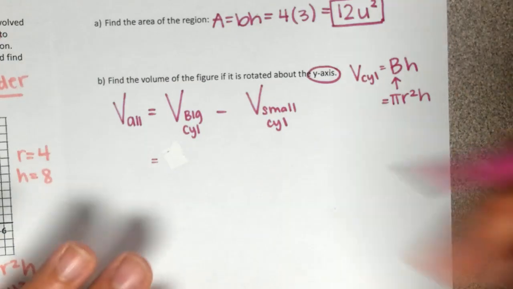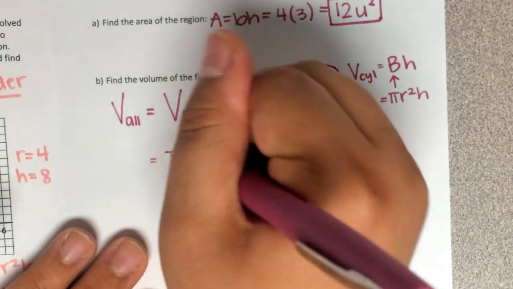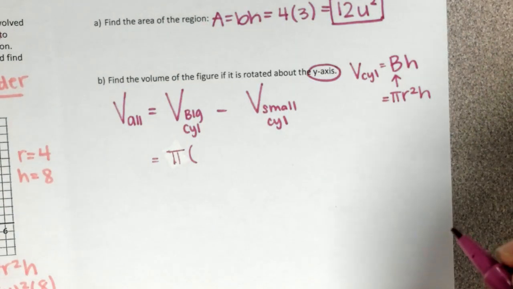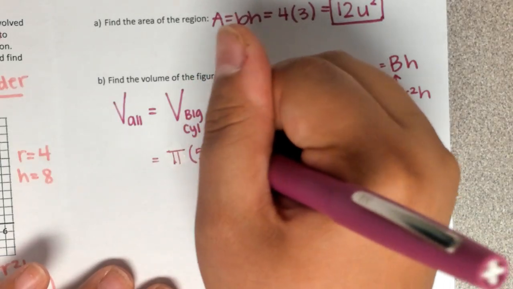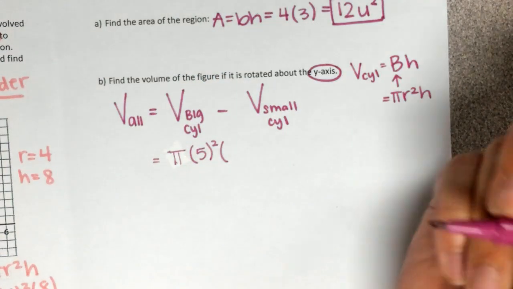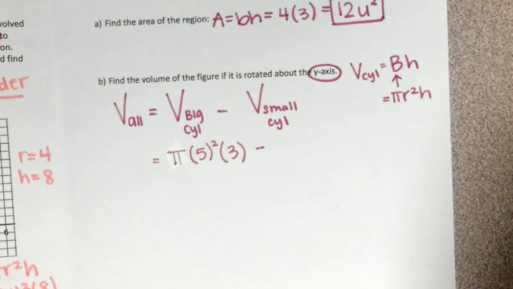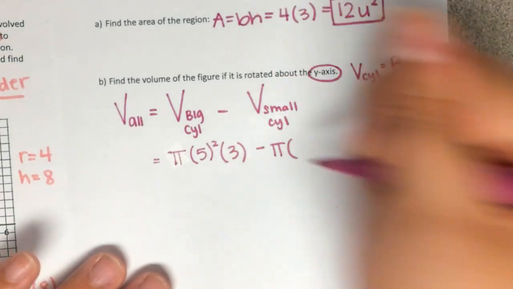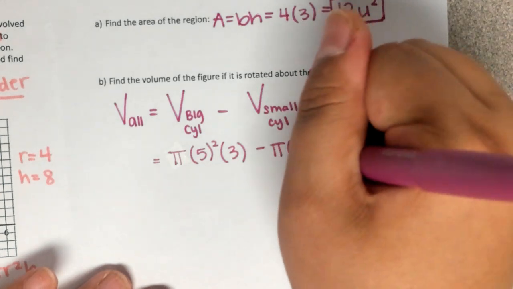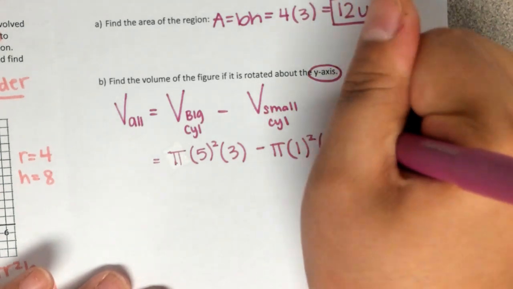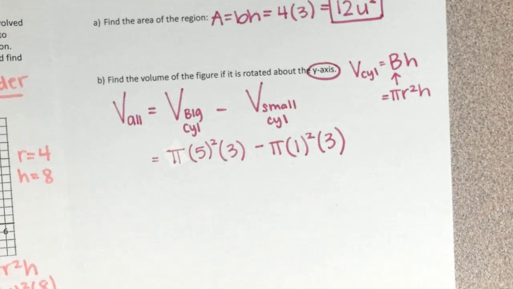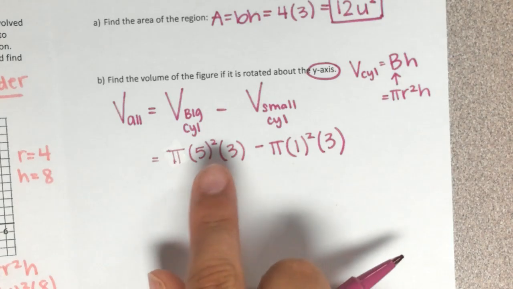I'm going to do pi. What's my big R? 5 squared. What's my height? 3. Minus, for my small one, pi. What's my small r? 1 squared. What's my height? Does everybody see what I just did? Are we okay with that? What's 5 squared? Times 3?